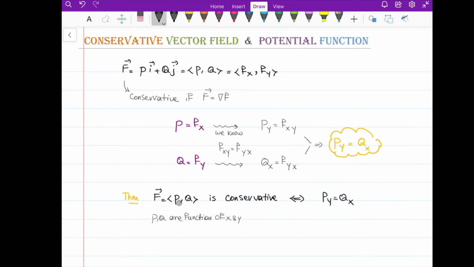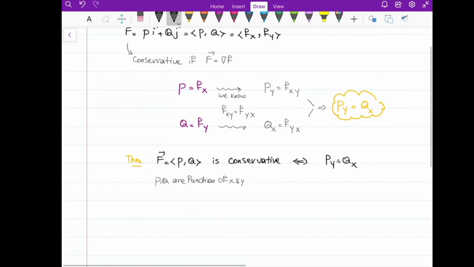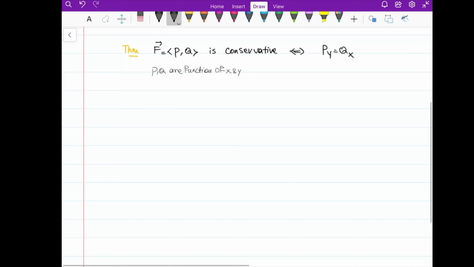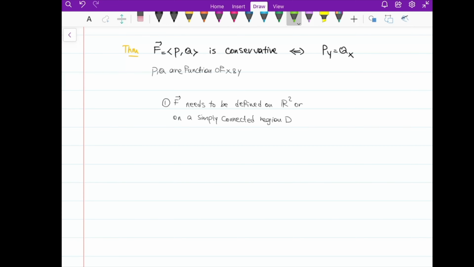There are two actually things that we need to check for this theorem to make it complete, but we are not going to use them a lot for the course. And these two properties are that, one, the vector field F needs to be defined on the whole plane R2 or on a simply connected region D. What do I mean by simply connected region?